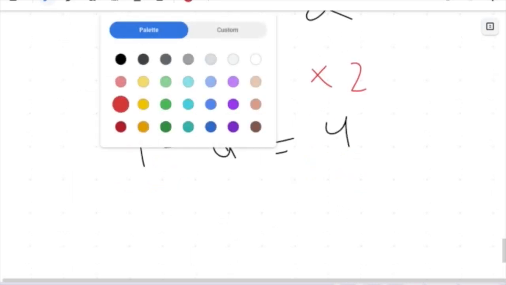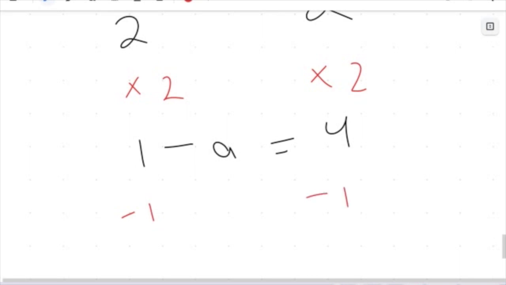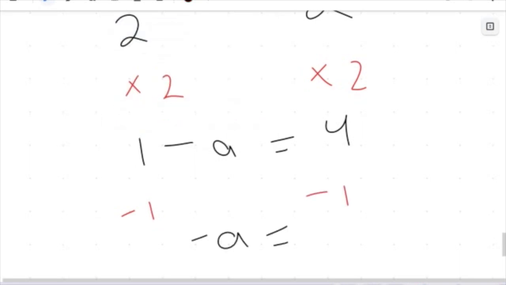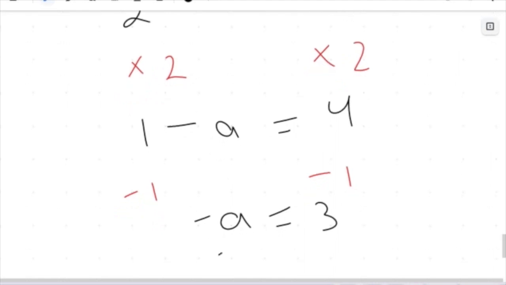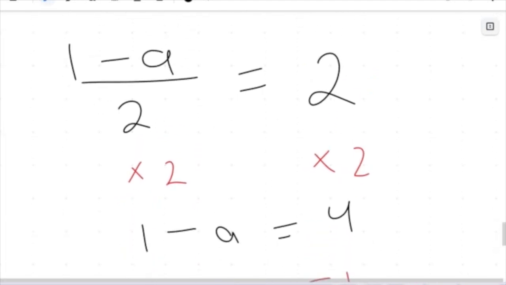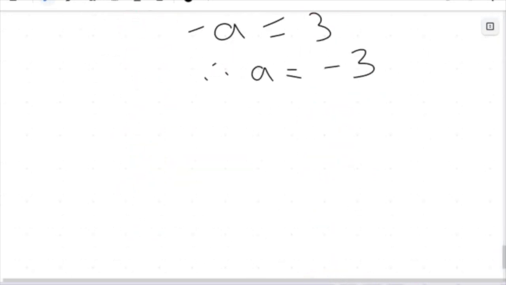And I'm going to subtract 1 from each side. I get minus a equals 3. Therefore, a equals -3. We are working smarter, not harder here. The only thing I had to do was to consider the gradients here and the gradient relationships.